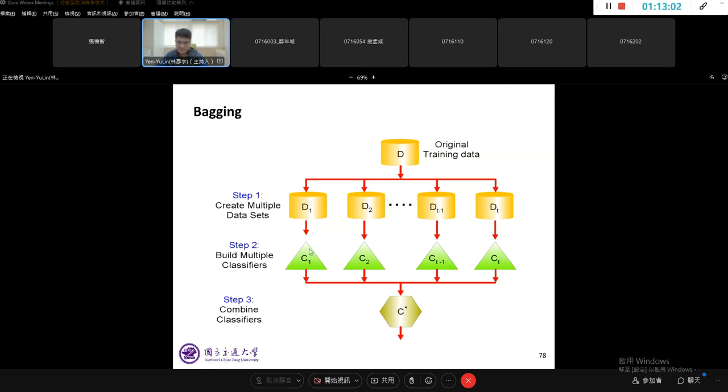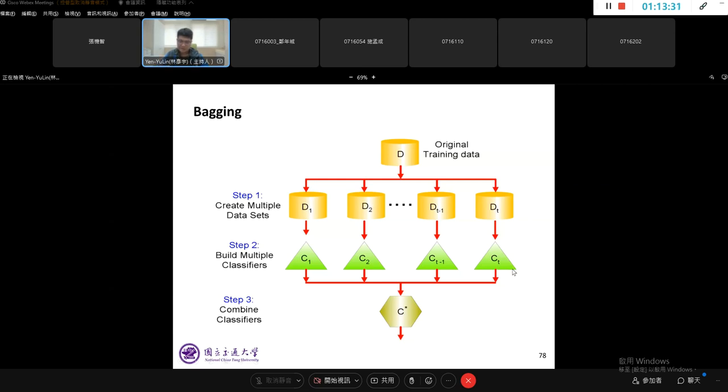In the previous session, we talked about how to construct a decision tree from a given data set. So we can construct a decision tree C1 based on the data set D1. Similarly, we have a decision tree C2 for the data set D2. The process is repeated until we have T decision trees.